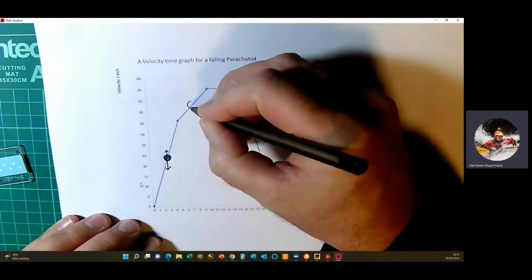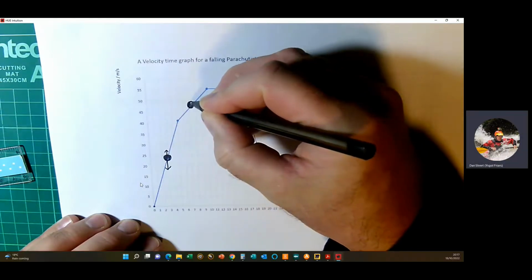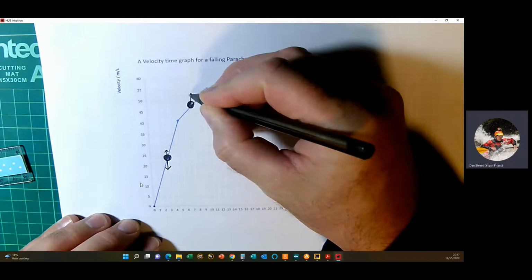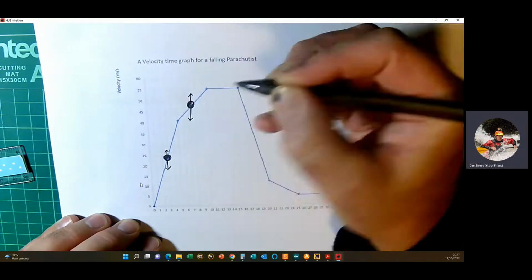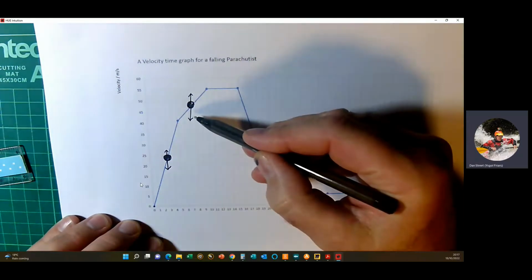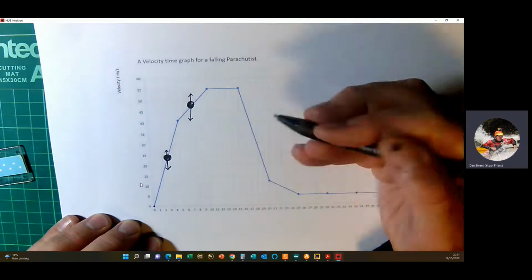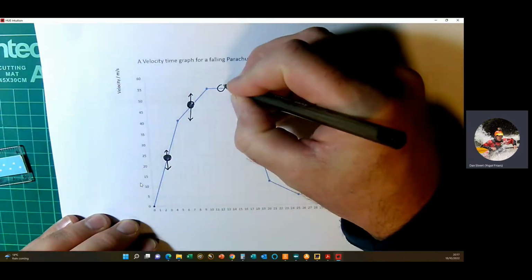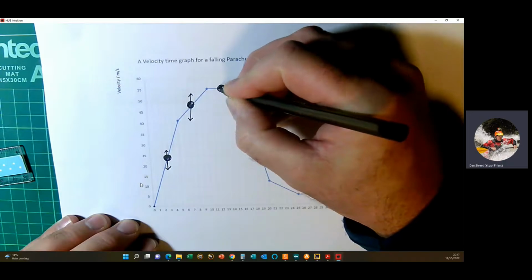Here is a similar situation. However, the impact of air resistance is greater, but it's still not as great as gravity. Okay, so this arrow is ever so slightly bigger than that arrow. Okay, because he's still accelerating. However, when he reaches this stage in his journey, there is no change in velocity.